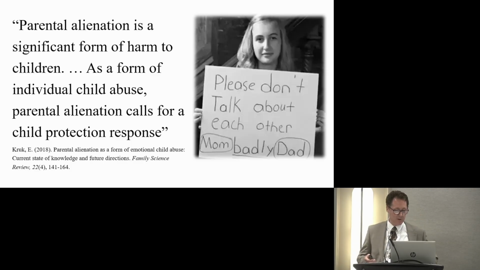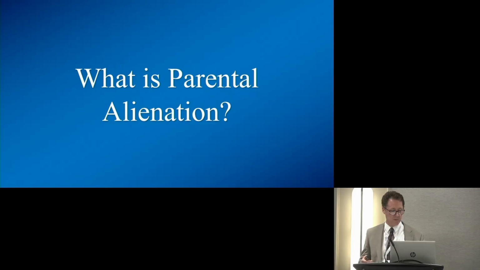As a form of individual child abuse, parental alienation calls for a child protective response. So we see he's sounding the alarm and directing courts and mental health professionals to respond appropriately when we see children exposed to behaviors likely to cause harm to the child's relationship with the other parent.